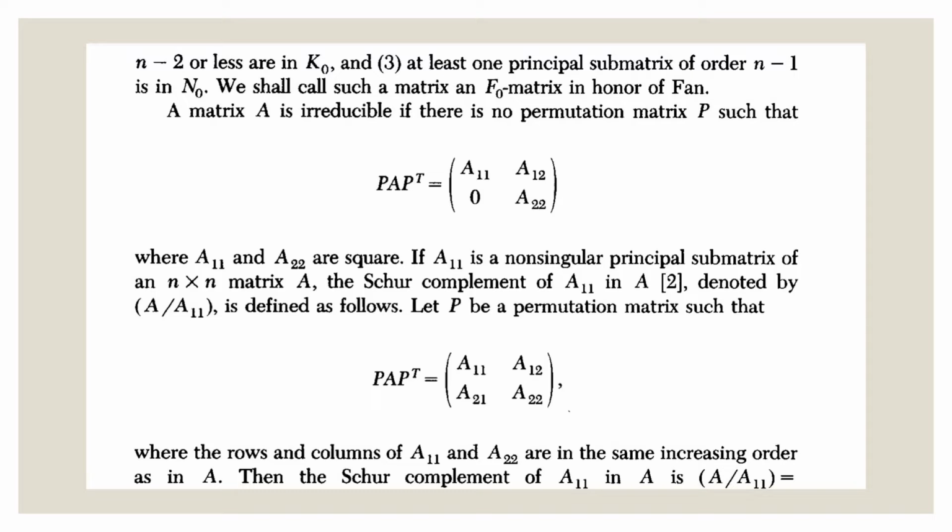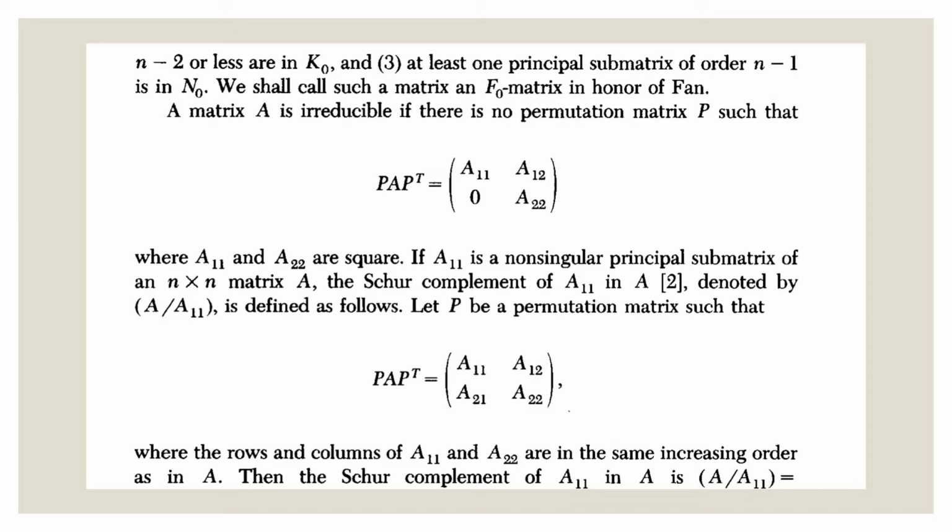A matrix A is irreducible if there is no permutation matrix P such that PAP^T is equal to [A11, A12; 0, A22], where A11 and A22 are square. If A11 is a non-singular principal submatrix of an n×n matrix, the Schur complement of A11, denoted by A/A11, is defined as follows.